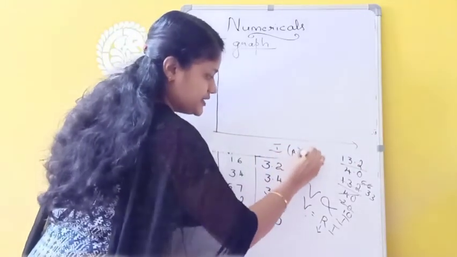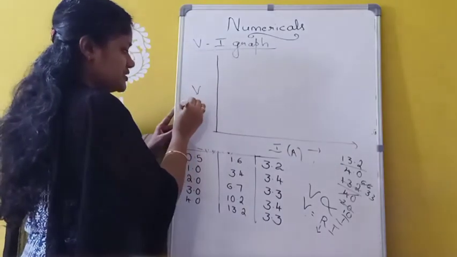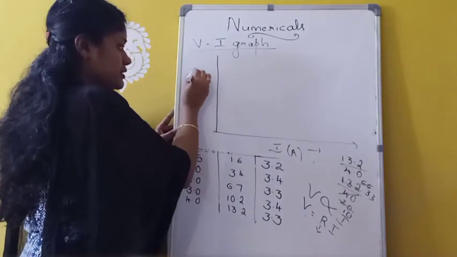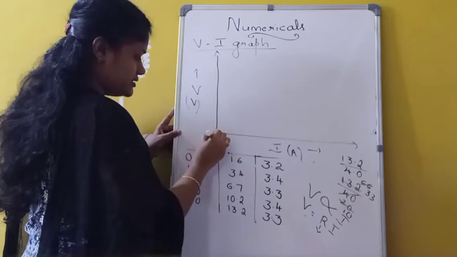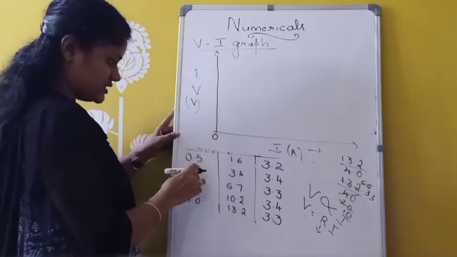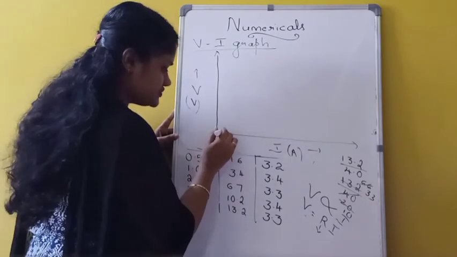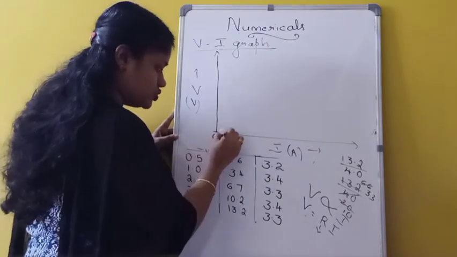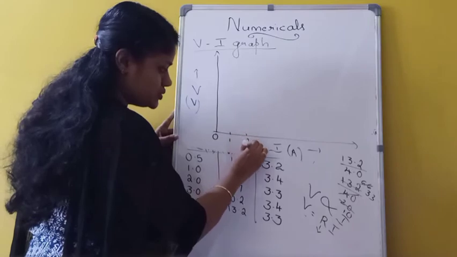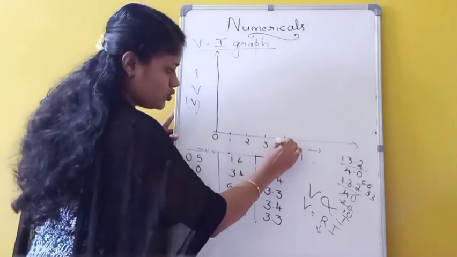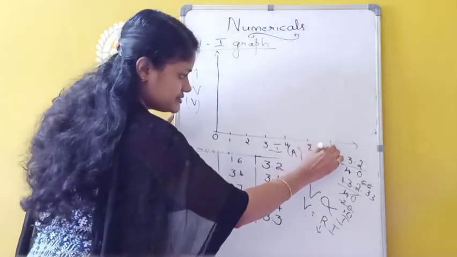Current unit is ampere. Then potential difference, unit is volt, taken along Y direction. Then 0. Then current values. What are the current values here? So current is given as 0.5. So 0, I am taking from 1 to 1, 2, 3, 4, 5, 6 like that.